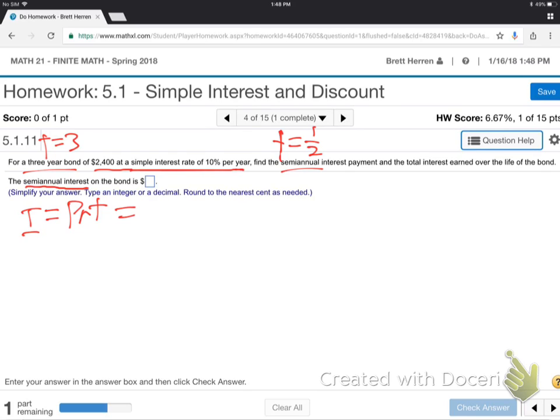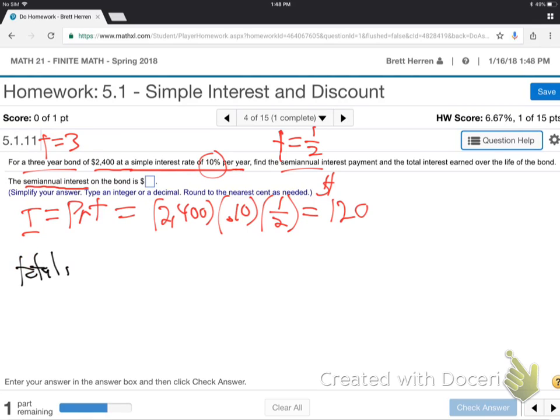So I go, okay, I equals PRT for the half a year. Principal 2,400 times interest rate 0.10, the 10%, times the time, half a year, the semi-annual interest. So what's that going to be? 240, half of that, $120. And then the second part of the question is the total interest for the life of the bond.